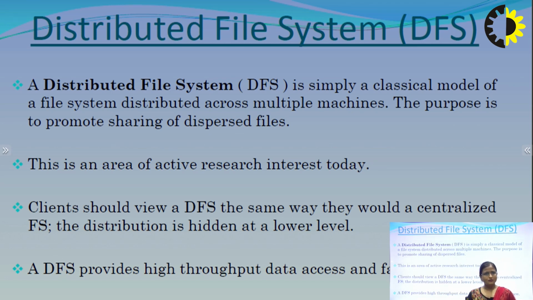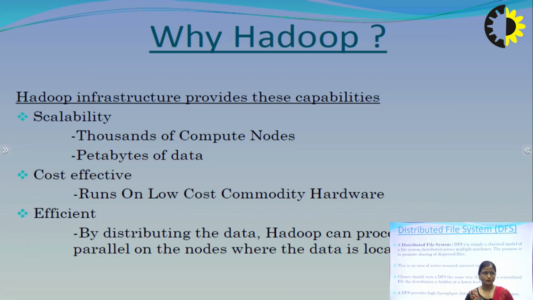That means the centralized file system is the same as a distributed file system for a client, and the distribution is hidden at the lower level. Then DFS provides high throughput data access and fault tolerance because it is in a distributed environment. So that is why its throughput is high, and also it is fault tolerant.